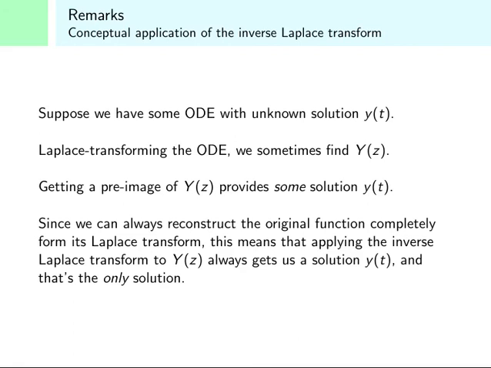We don't really know yet whether it's a solution or whether the solution is unique, but since we can always reconstruct the original function completely from its Laplace transform, that means that applying the inverse Laplace transform to Y of z always gets us a solution y of t. And since the Laplace transform can be inverted, that in fact must be the only solution.